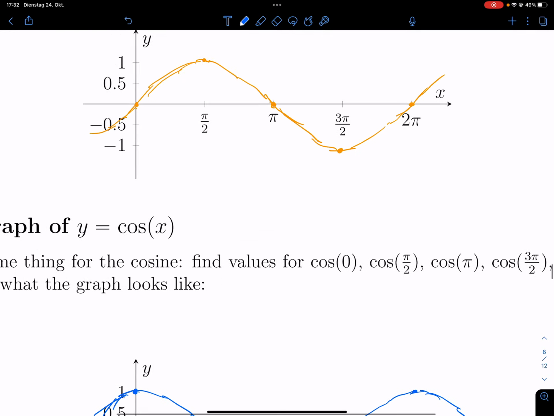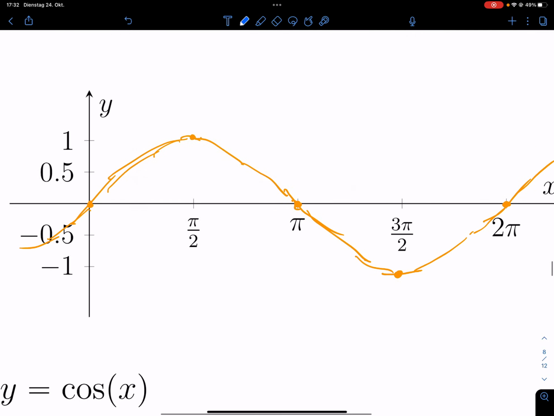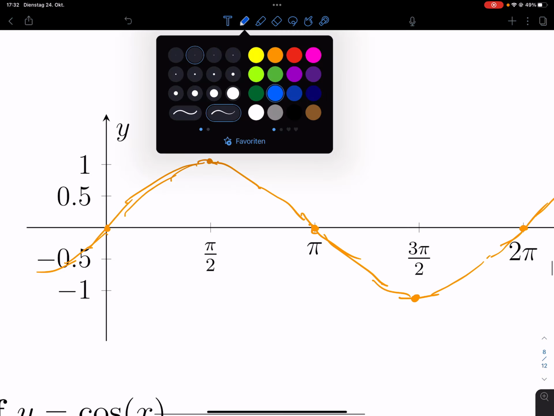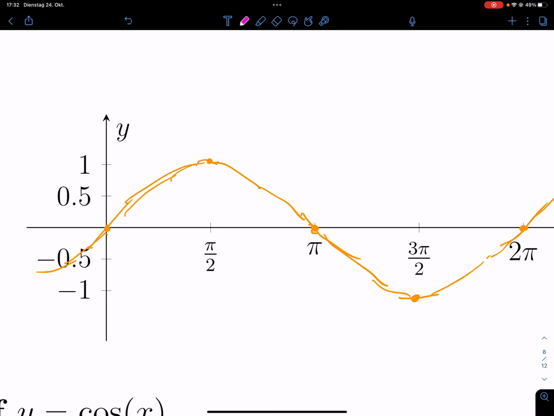What you can rediscover here from before is that, for instance, if you now have an alpha, let's say this here on the x-axis is my alpha, it generates this sine value here, maybe a little bit more than 0.5, and this here, which before in the unit circle I drew in green, actually is the same sine value as this one here.